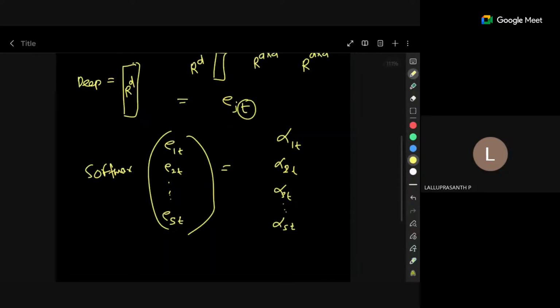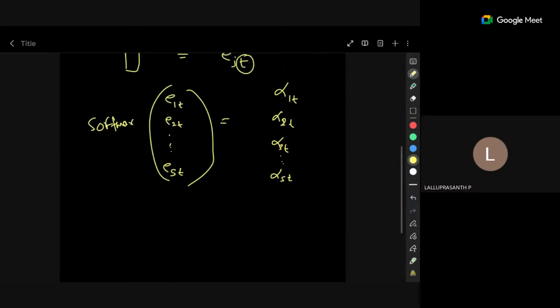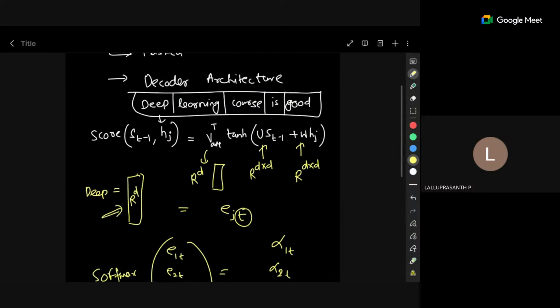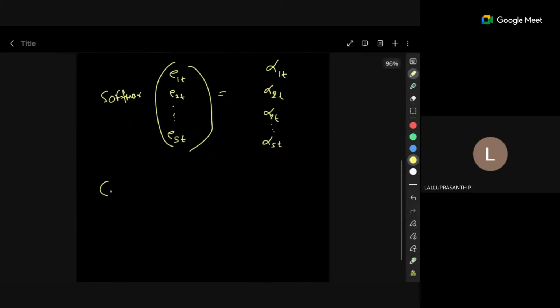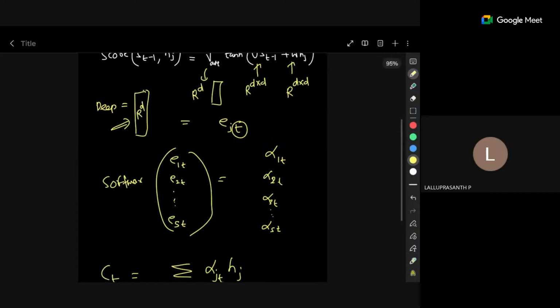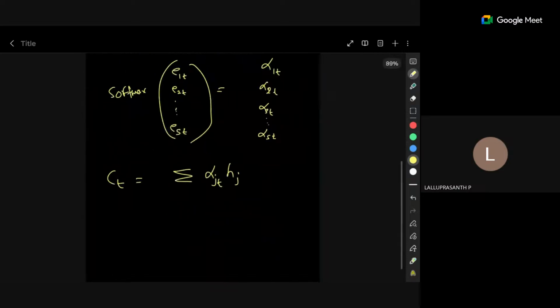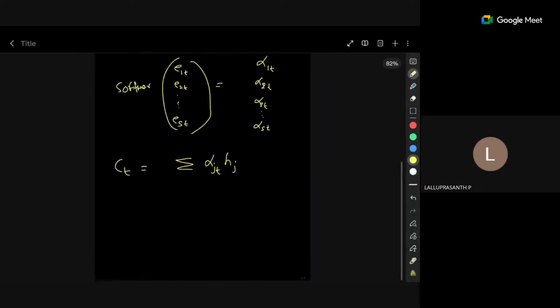With these alphas and the h_j, you can produce the context vector. The context vector is nothing but the multiplication of alpha_{jt} with h_j, done for all of them, whatever your sequence length is. You will get this c_t, and you are going to send it to the RNN network.